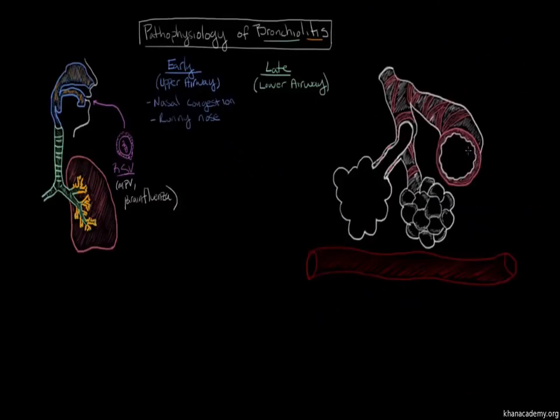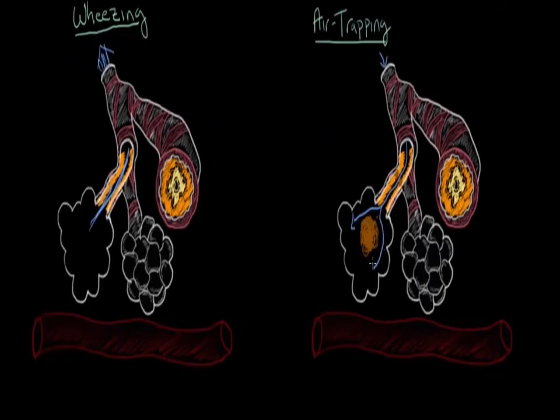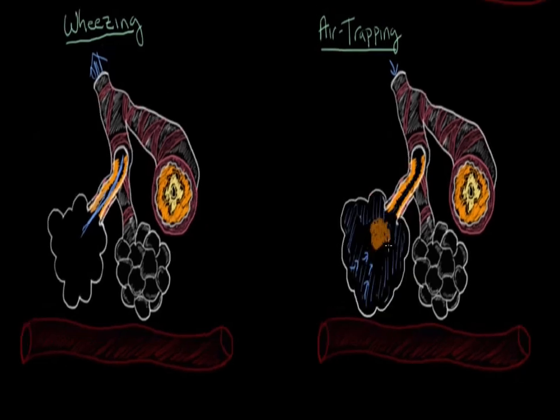This diagram shows that when partial obstruction occurs, not all the air passed during inspiration has time to leave during expiration, so more and more air is trapped inside the alveoli. This leads to hyperinflation. The hyperinflation may push on the blood vessels near the alveoli, affecting the passage of blood.